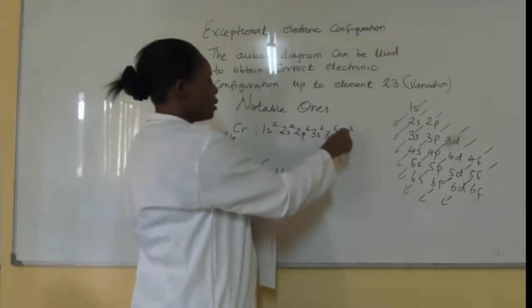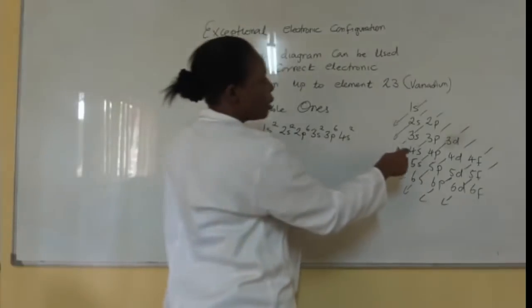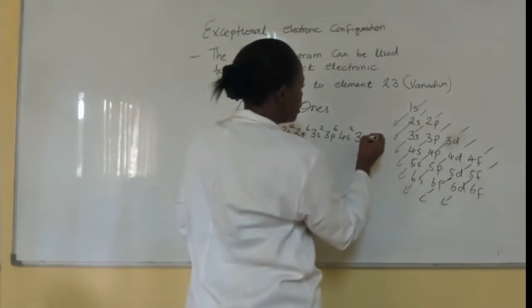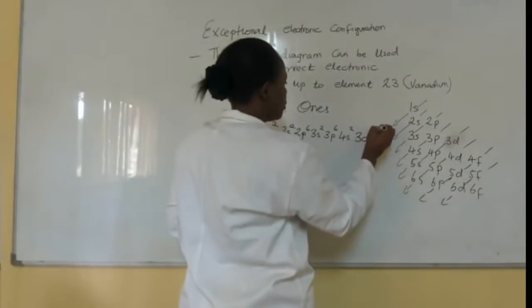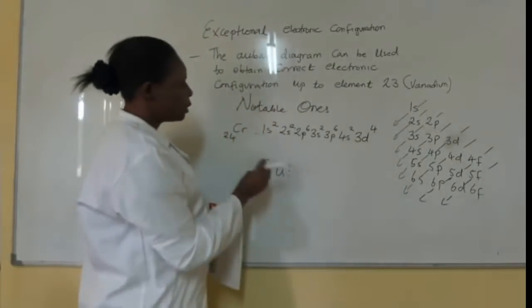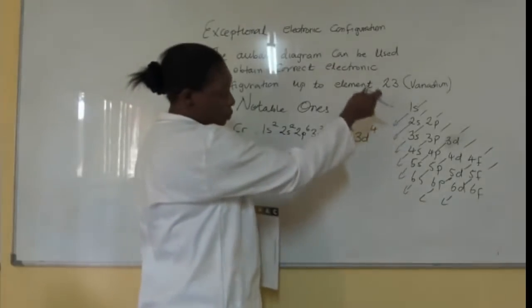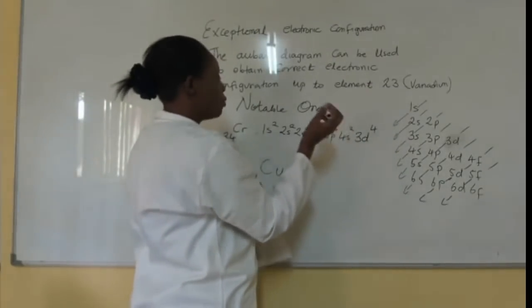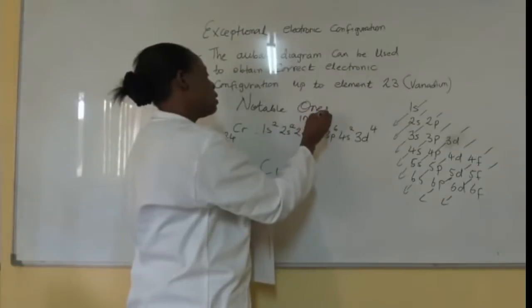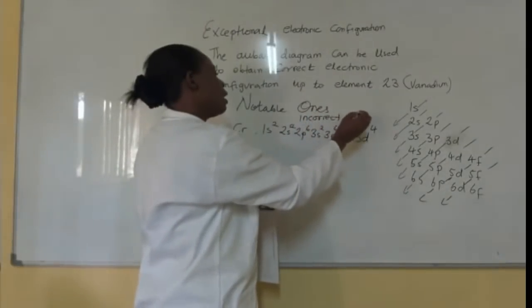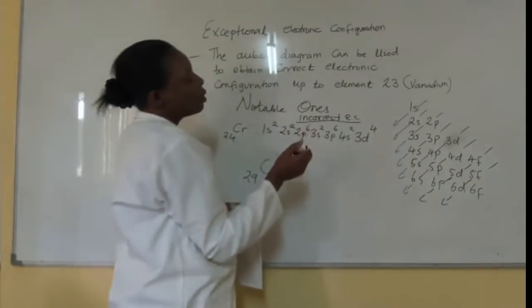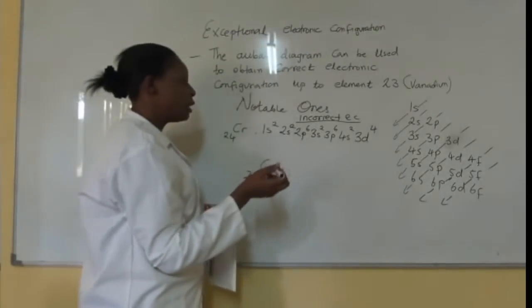So this is 10, 10, that's 20. Then the next orbital is 3d, and how many? 3d4. Okay, this is the predicted electronic configuration according to the Aufbau diagram, and of course we see that it gives an incorrect electronic configuration, and we'll explain that later.